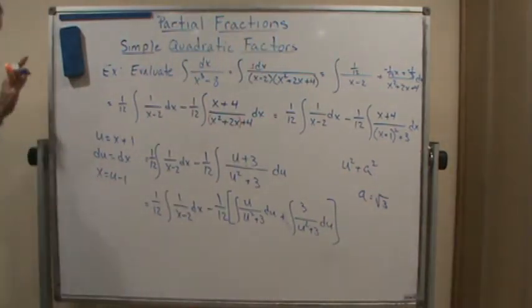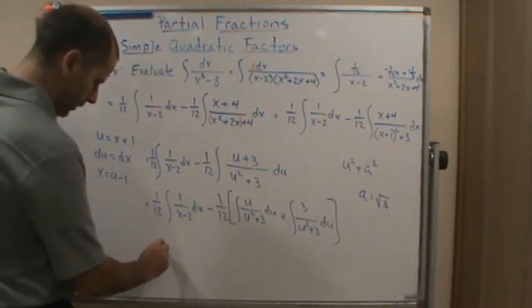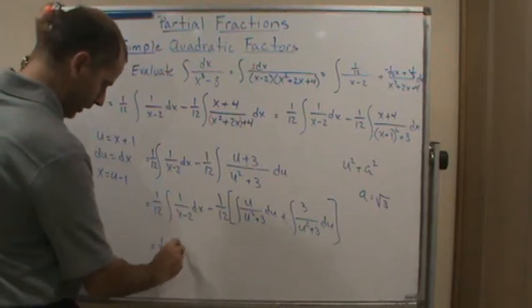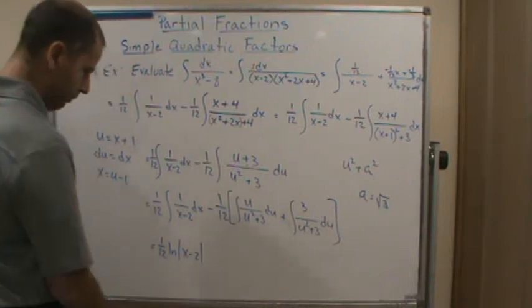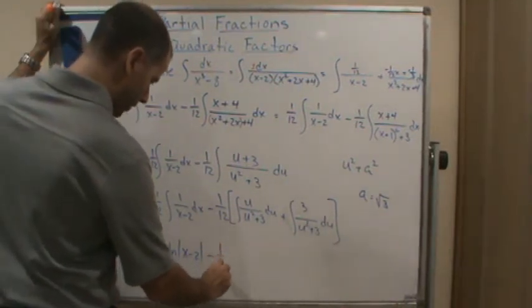Okay, so now watch what happens. This is going to be 1/12 times the natural log of the absolute value of x minus 2, minus 1/12.